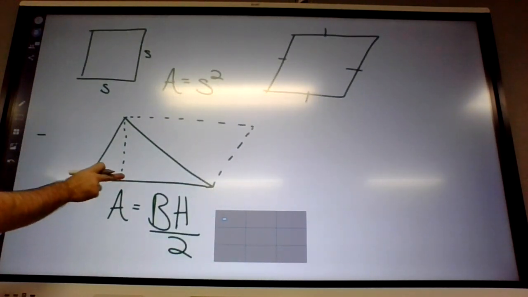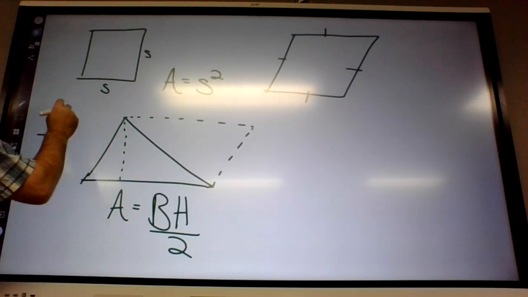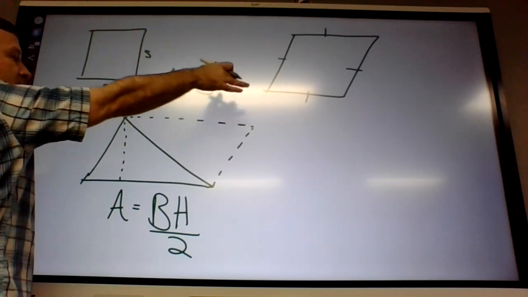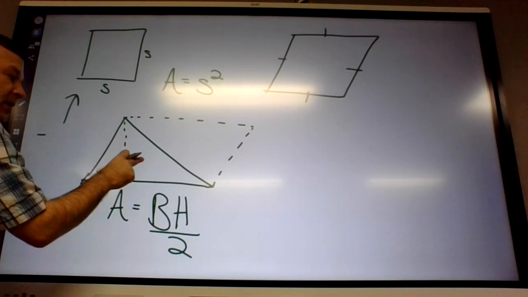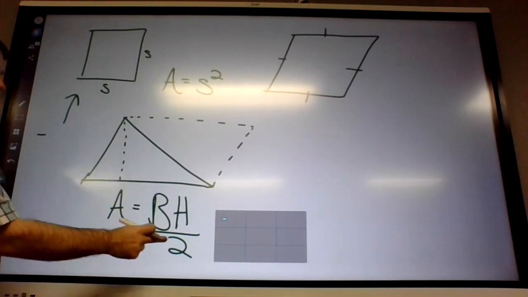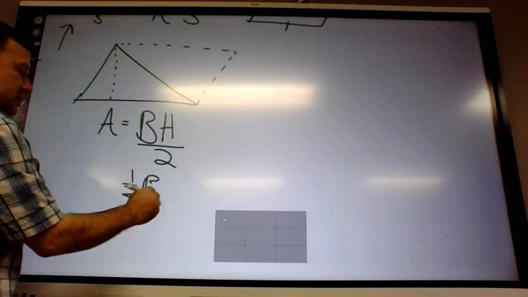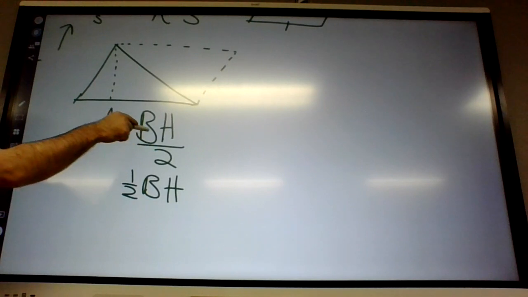But a triangle is half of a parallelogram. By the way, everything above here, those were all parallelograms. Squares and rhombi and rectangles are all parallelograms, base times height. But a triangle is half a parallelogram, so you have to divide by 2, or times a half. I think the book probably writes it like this. But it's probably easier to plug in the calculator like that.